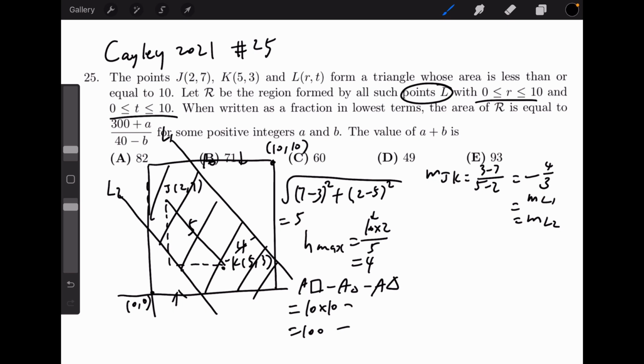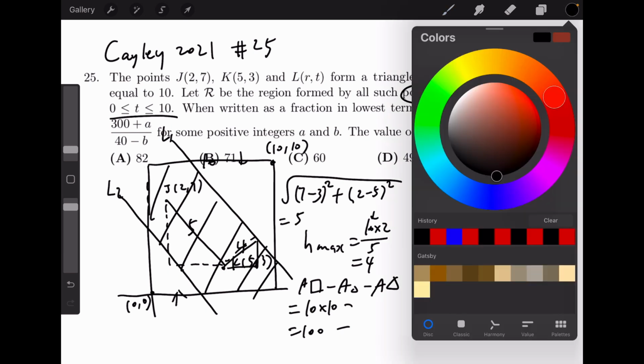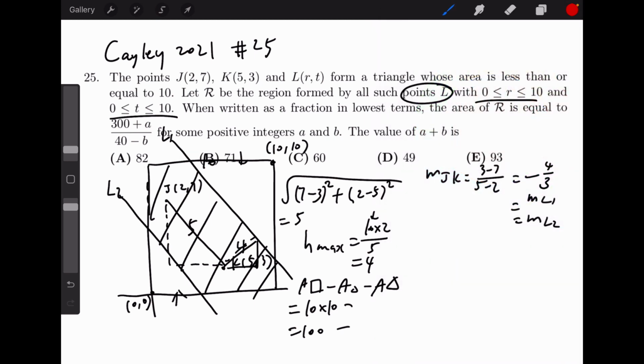However, we're still lacking the y-intercepts of line 1 and line 2. To find that, one way is to construct a right angle triangle over here. Because the graph is getting a little messy, I'll use red here instead. So we construct a right angle triangle over here, and we already know that this line is 4.